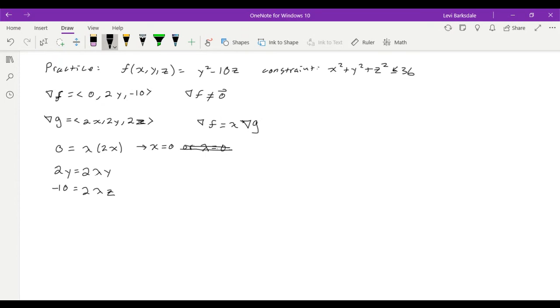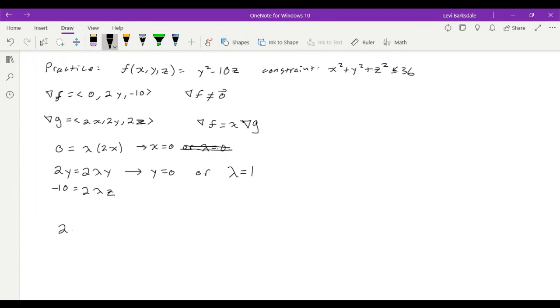So lambda can never be equal to 0, and our first equation just tells us our x value has to be equal to 0. Then our second equation tells us either y is equal to 0 or lambda is equal to 1.